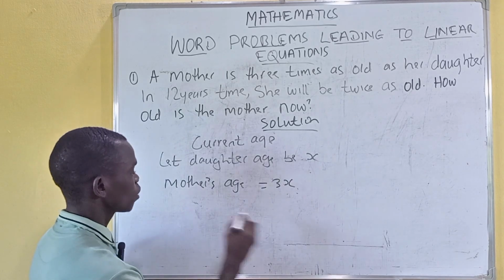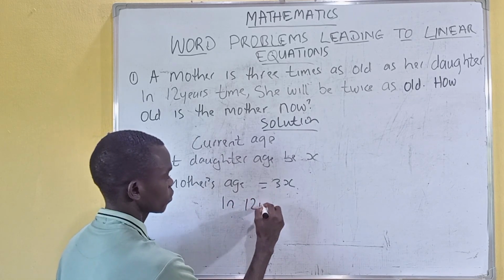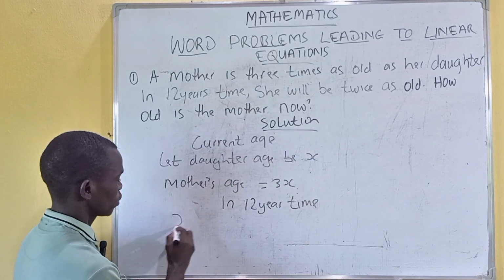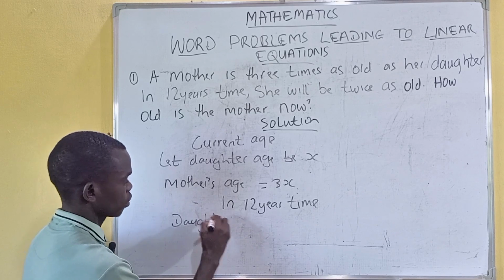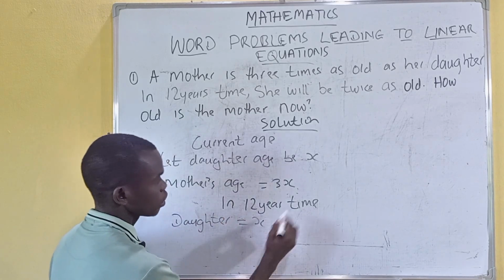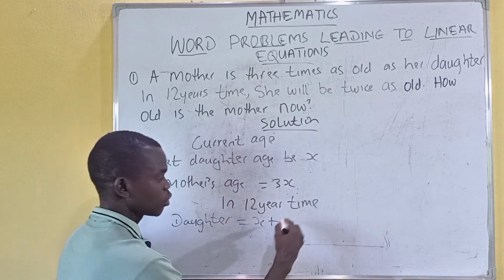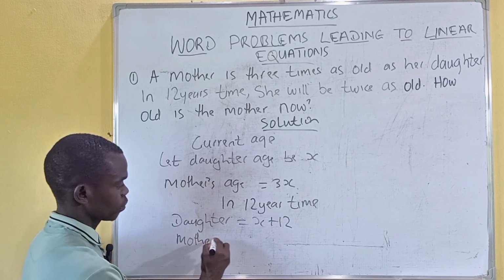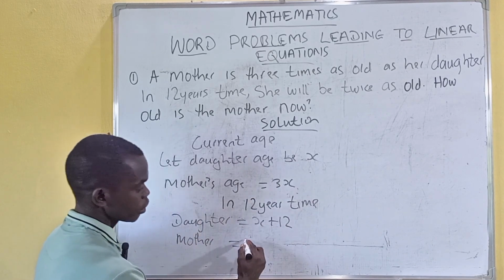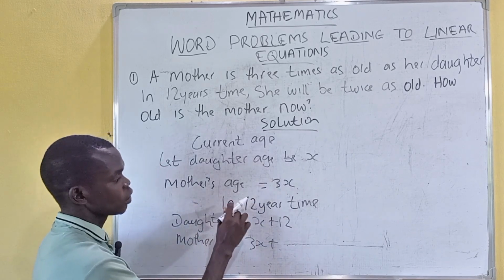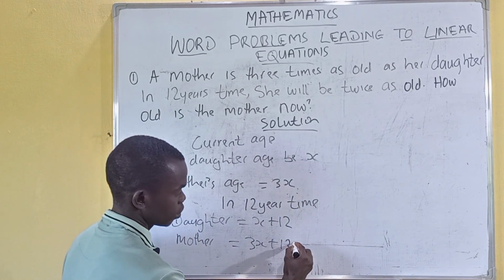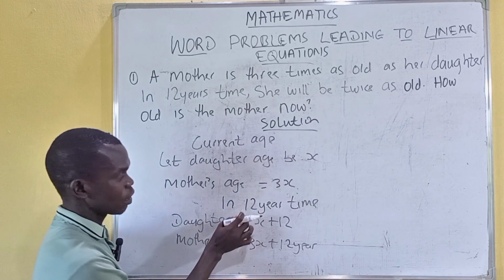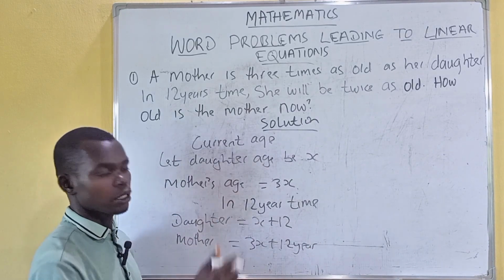So, from here, in 12 years' time, the daughter's age will be equal to the current age plus the 12, while that of the mother equals the current age plus the 12 years' time. So from this, we have gotten our age in 12 years' time.